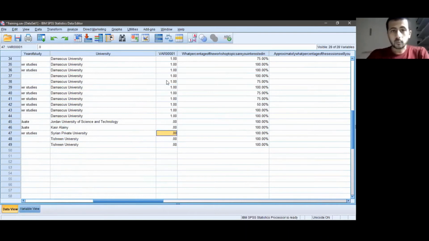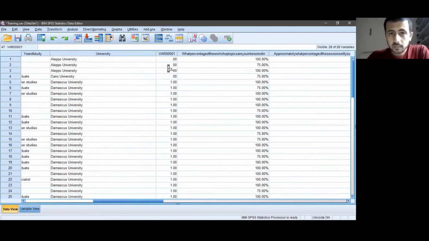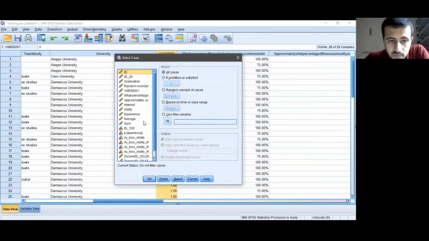Do you agree now that we need to take that variable and split the file according to it? Okay, now I will take that variable 1. I want a specific condition to apply before we select the cases.